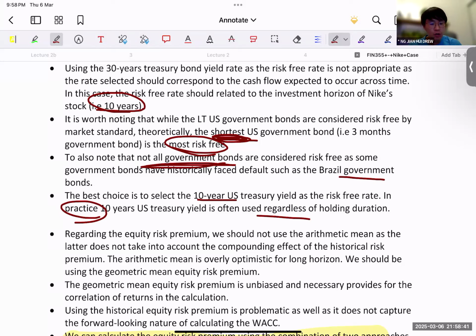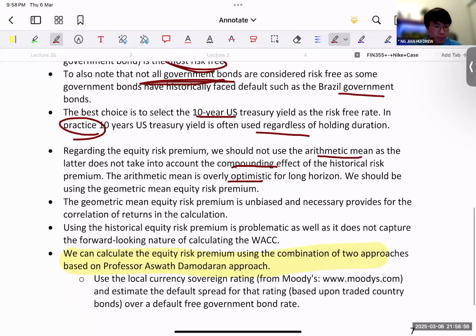For equity risk premium, we should not use arithmetic. Please use the geometric, to take into account the compounding effect. Arithmetic can be overly optimistic in the long-term horizon. Geometric is unbiased, okay.